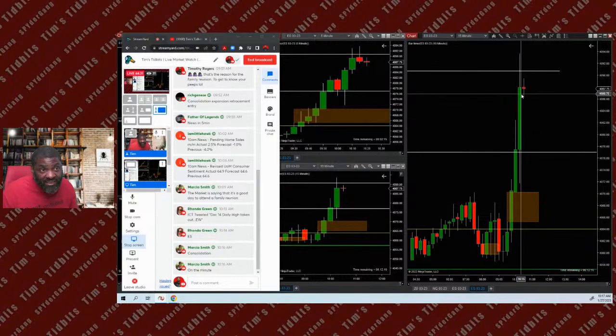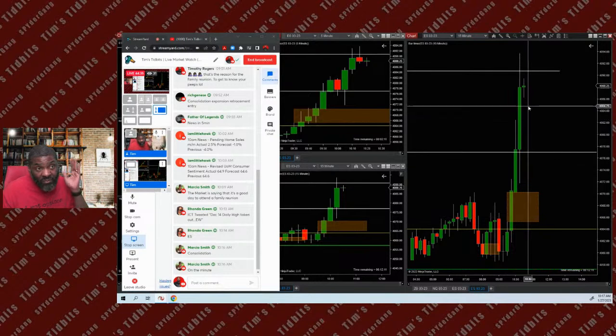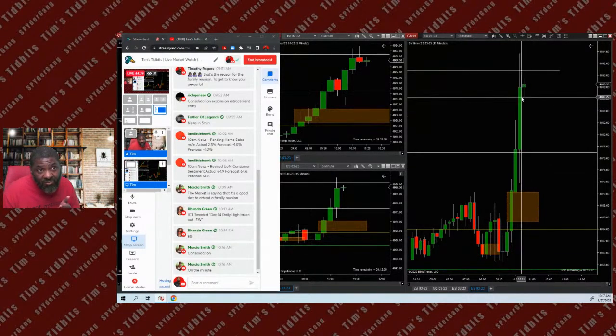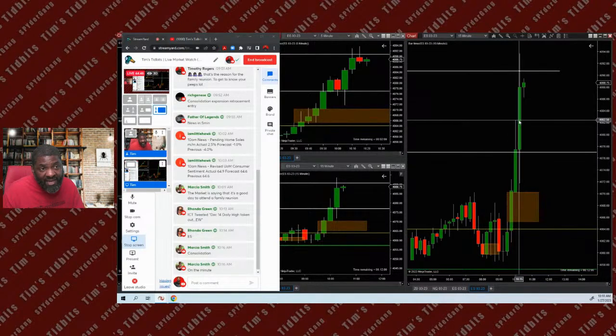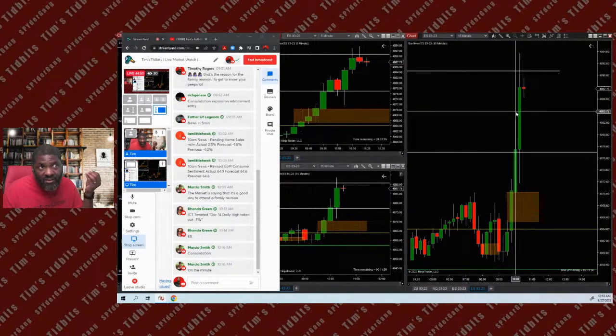I ain't interested in coming back down there anyway, but if we left another fair value gap right here, say on this candle that we're working on right now on the 15-minute, if this 15-minute candle never comes back down to touch, this 10 o'clock, that'll be the 9:45 candle on Thinkorswim.